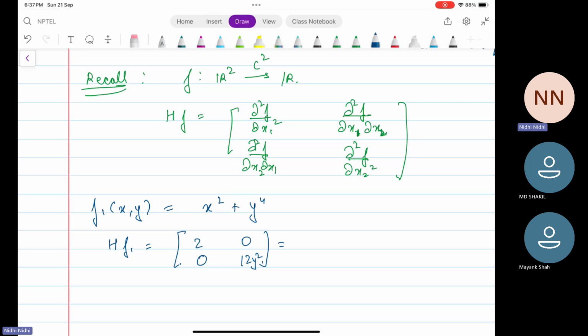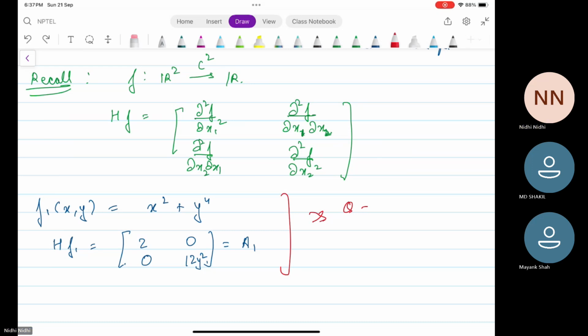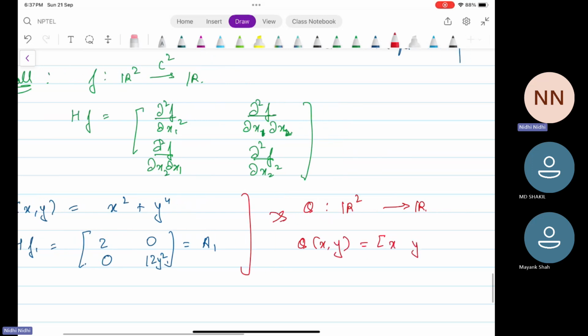If I treat this as A1, now we need to find the quadratic form, Q from R2 to R. Q at point (x,y) is just the matrix multiplication (x,y) A1 (x,y).